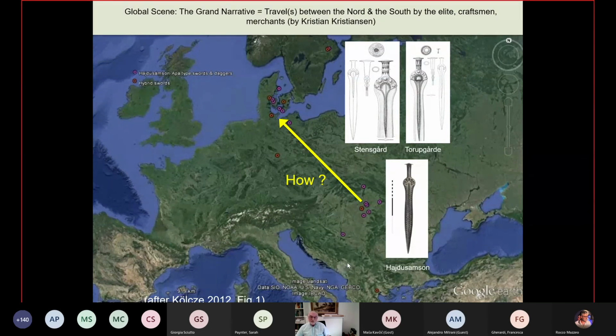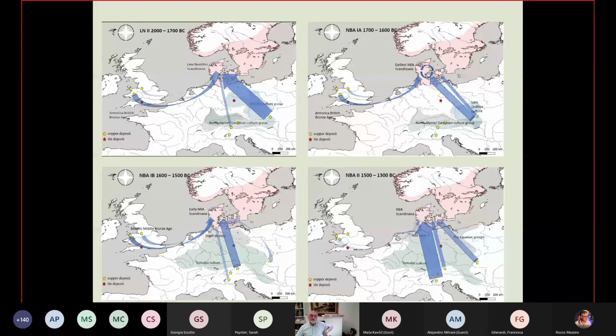Because in Denmark there is no copper deposit. Now, recently, we have published together with Helle Vandkilde and Heide Nørgaard a study of 500 southern Scandinavian copper-based objects, and we find a very clear change of the supply routes.